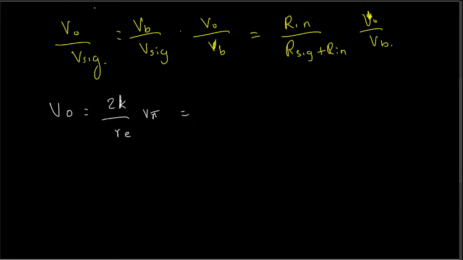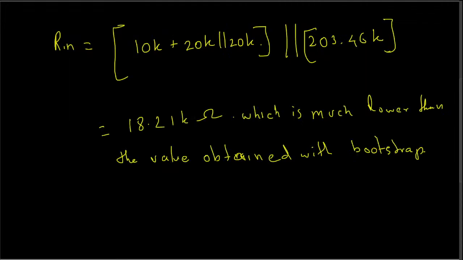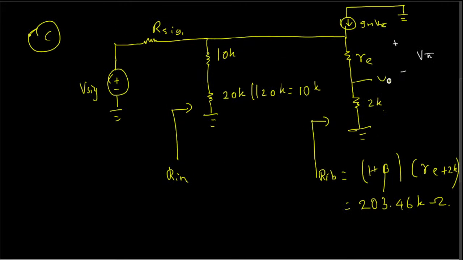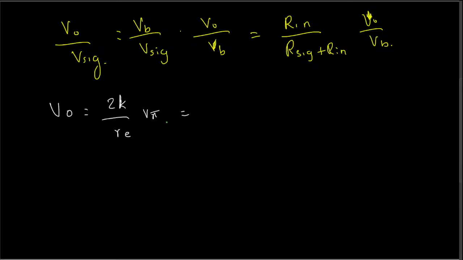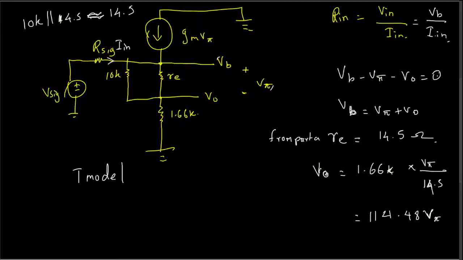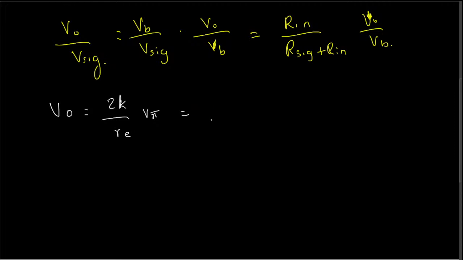So R_e is already known, that is the 14.5 ohm resistor from part A. You plug that one in here: 2k divided by 14.5 multiplied by V5, and we will end up getting 138 V5.